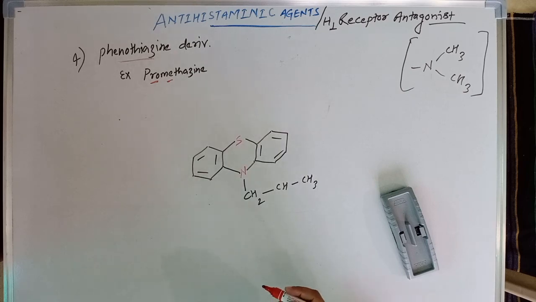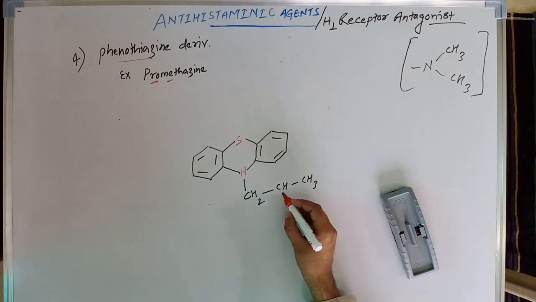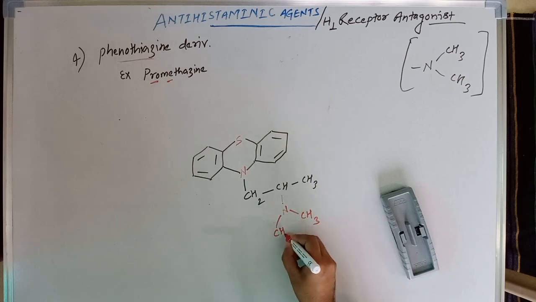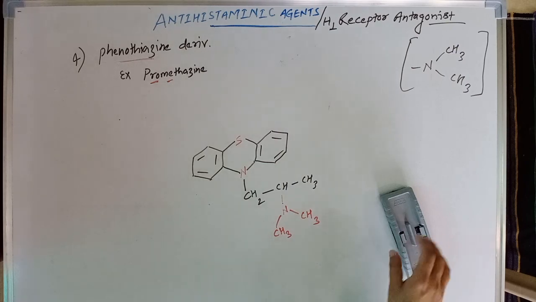And as usual, this antihistaminic class has a tertiary amine group. So here comes your tertiary amine group, CH3, CH3. So this is the structure of promethazine. This is class number 4.